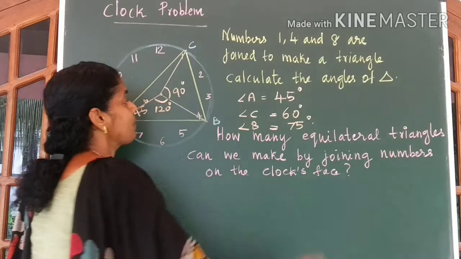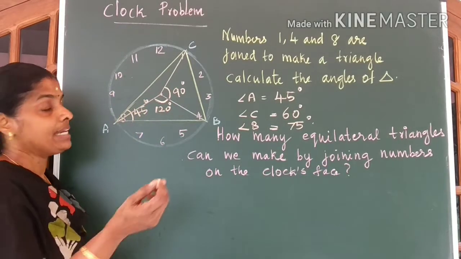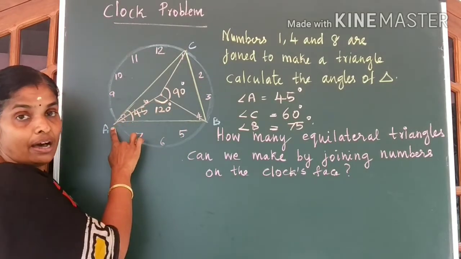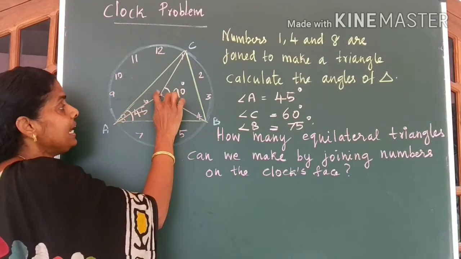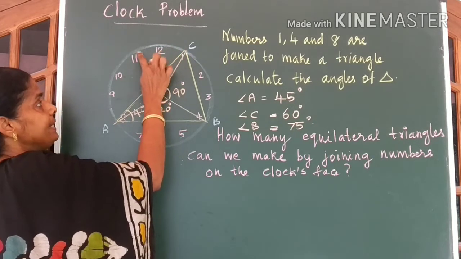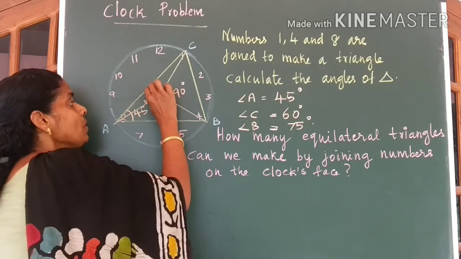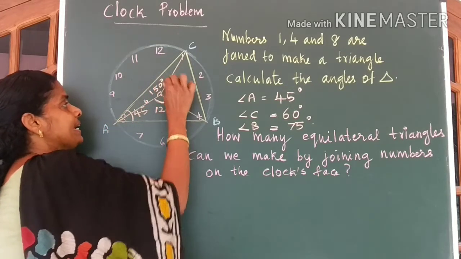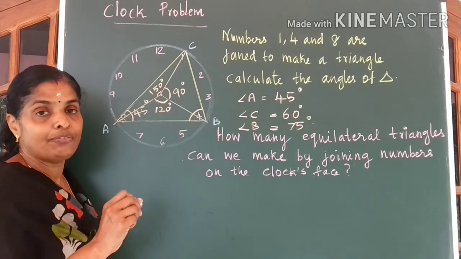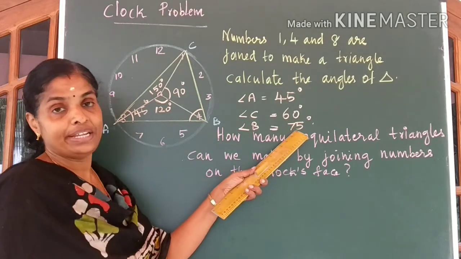Angle B is equal to 75 degrees, or otherwise we can say BAC is an arc. The central angle is equal to 30 plus 30 plus 30 plus 30 plus 30, which gives you 150 degrees. So this angle would be equal to half of 150, which is equal to 75 degrees.